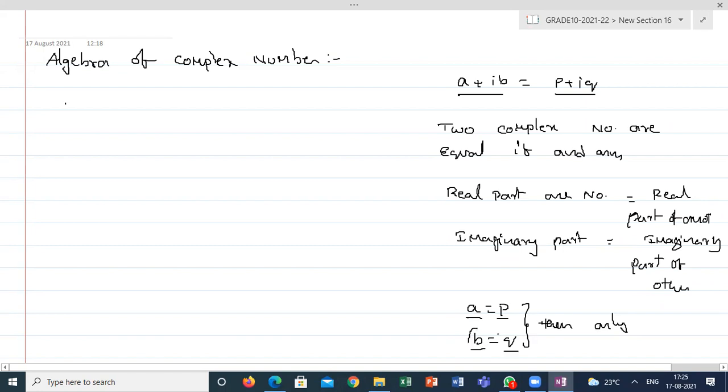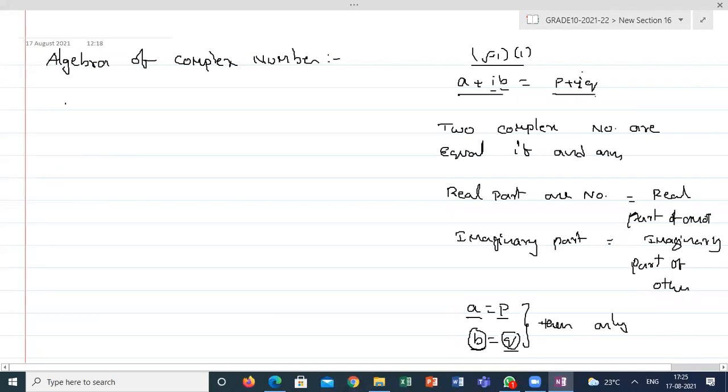How many times i is multiplied, the same number of times it should be multiplied, because a plus b times i, same as p plus iq means i is multiplied q times. So how many times root of minus 1 is repeating, the same number of times it should repeat.